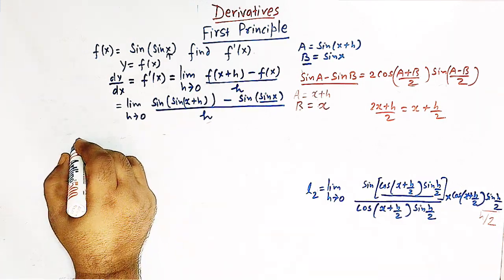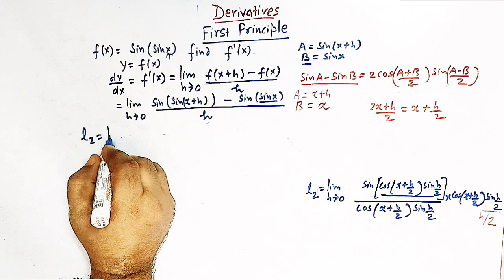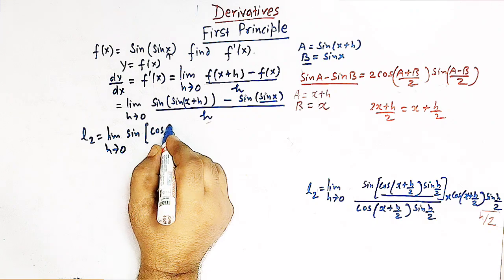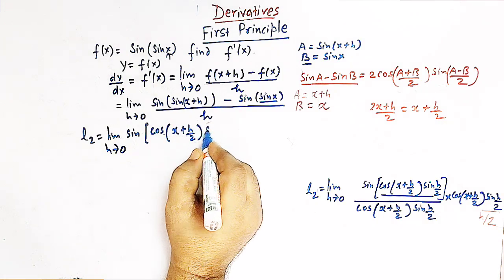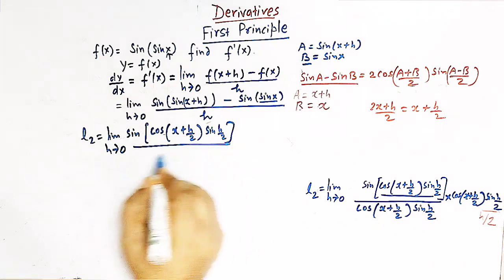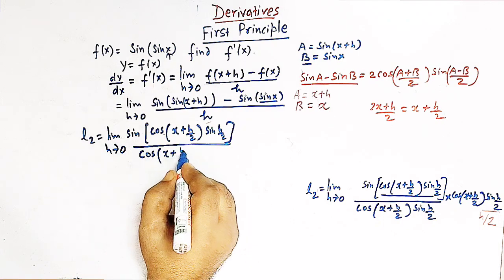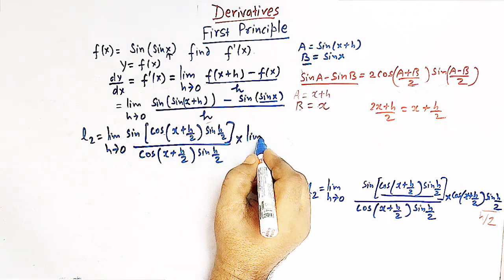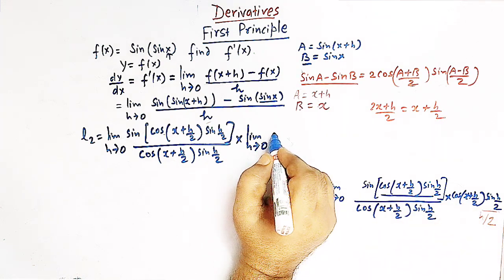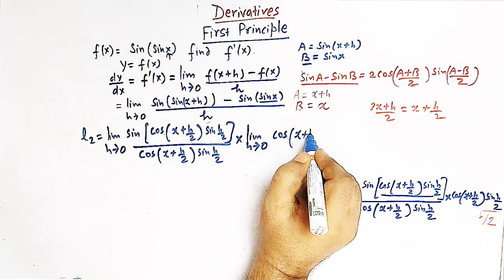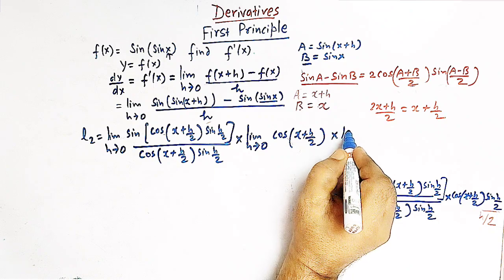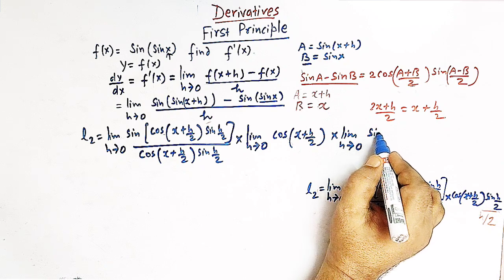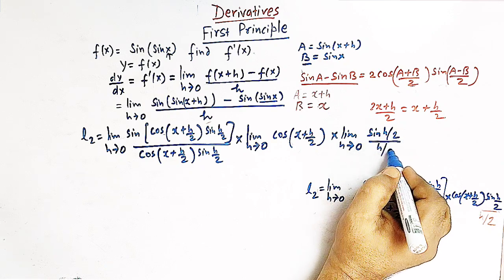So now this limit L2 can be written as the limit h tends to 0 of sine of (cos(x plus h over 2) sine(h over 2)) divided by cos(x plus h over 2) sine(h over 2), multiplied with the limit h tends to 0 of this term, that is cos(x plus h over 2), multiplied with the limit h tends to 0 of this term, that is sine(h over 2) divided by h over 2.